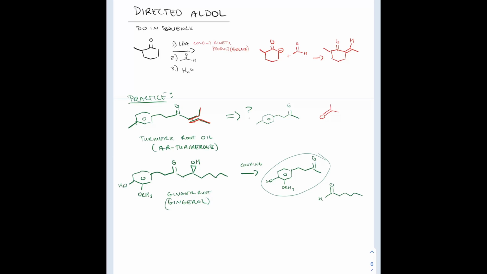And so it gets, I guess, more pungent. You can also dry the ginger and it would give it a different flavor as well. That's because it would undergo a dehydration reaction, giving you an alpha beta unsaturated ketone, which gives it yet another different flavor. I think that's awesome.